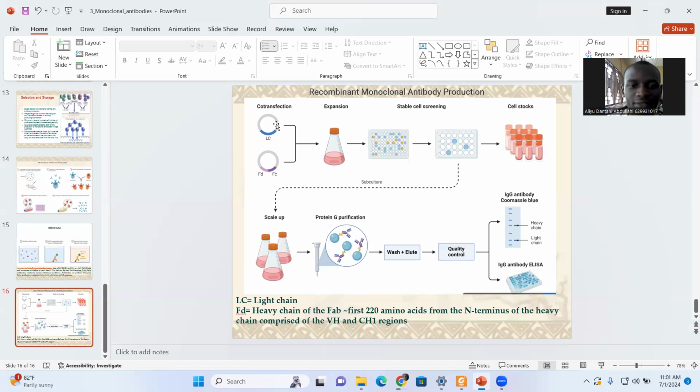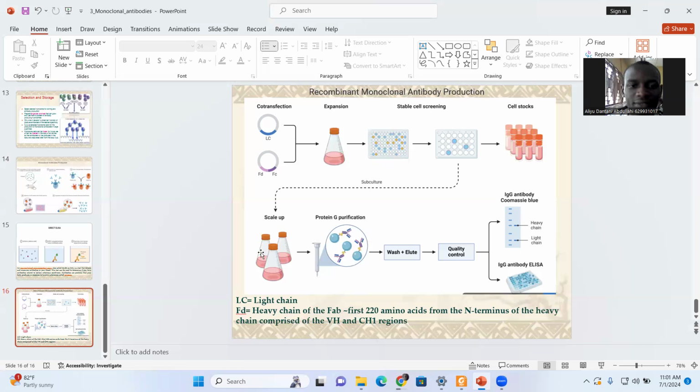So depending on the antibody you're looking to produce, right? For mass production, you co-transfect these constructs into a plasmid and introduce them into a cell. Of course, you screen. After screening, you select cells that have taken up the plasmids and are producing your antibody.